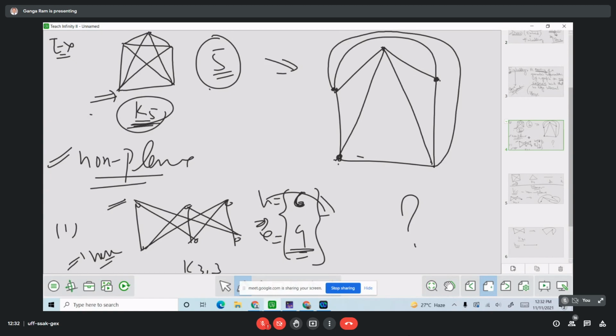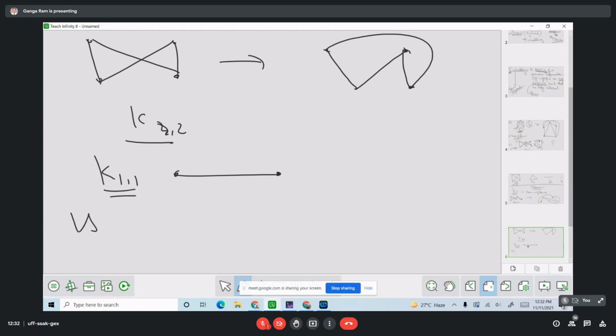Only K5 and K33 and graphs greater than order 5 and 6 and size 9 will be non-planar. Okay, so we can say that, is K6 planar? No. Okay, and K34?